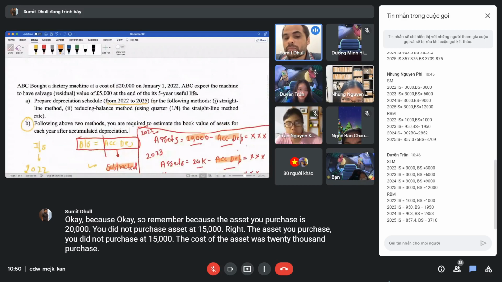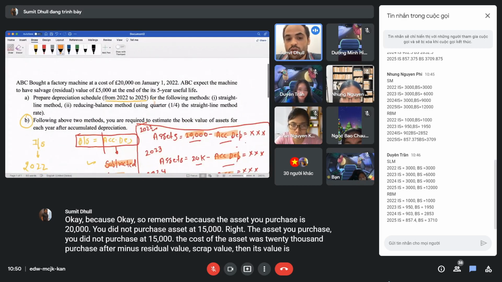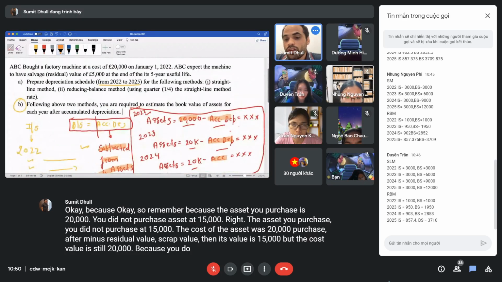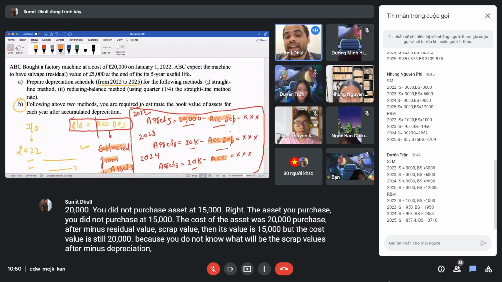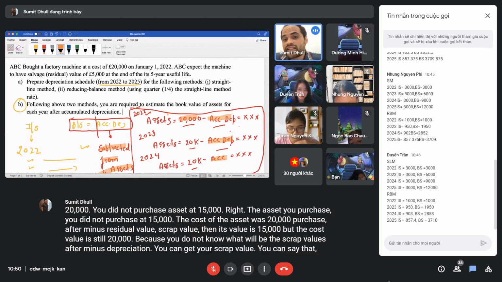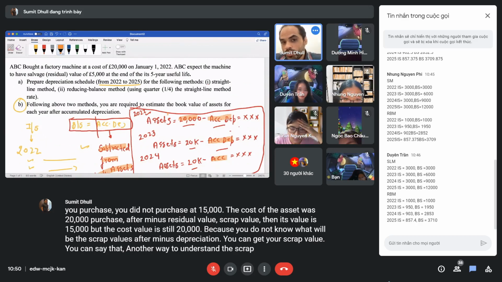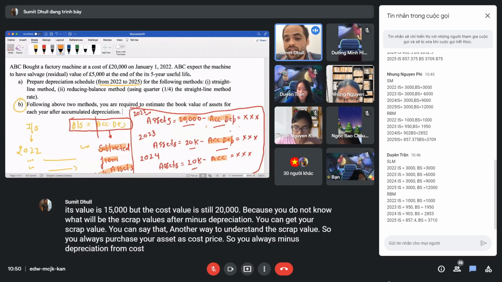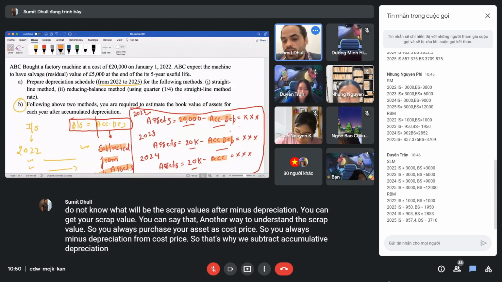After minus residual value, scrap value, its value is 15,000, but the cost value is still 20,000 because you do not know what the scrap value will be. After minus depreciation, you can get your scrap value. So you always purchase your asset at cost price, and you always minus depreciation from cost price. That's why we subtract accumulated depreciation from your cost price.